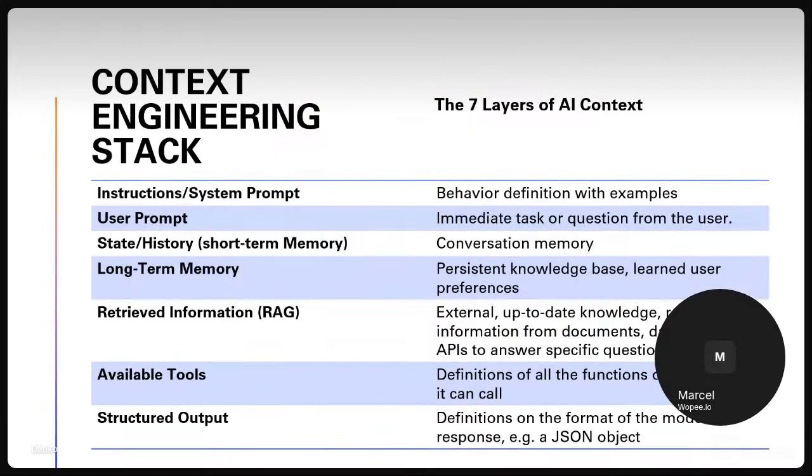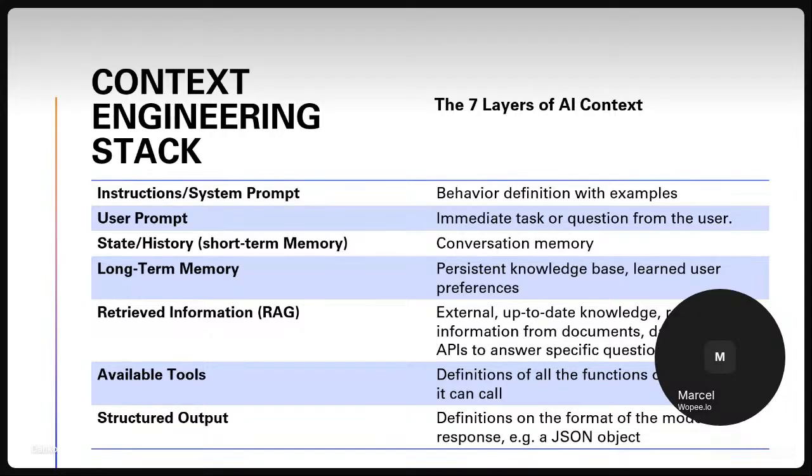So in detail, those are the 7 layers of an AI context. We still need good prompt engineering to craft a really powerful system prompt that guides the agent on how it should work. The user prompt is the immediate ask or question from the user on what it should do.